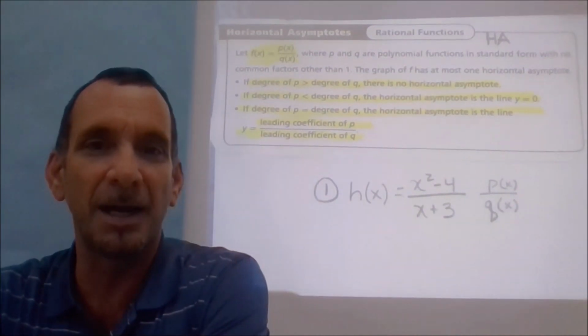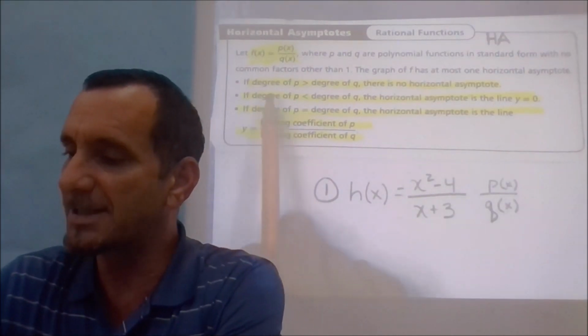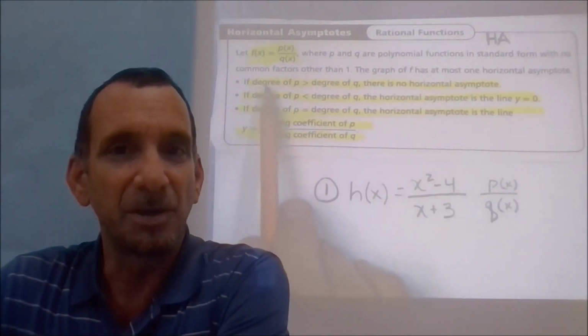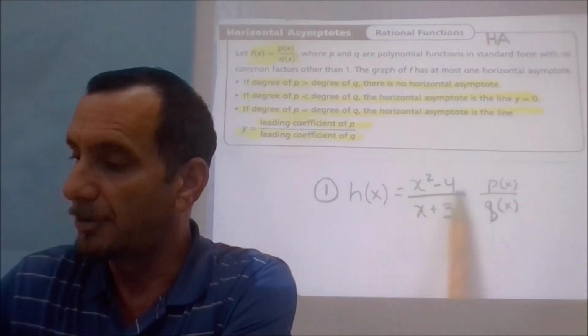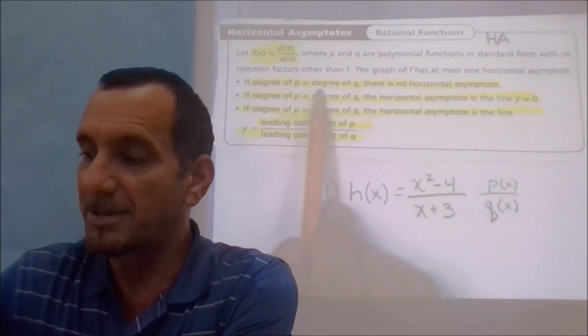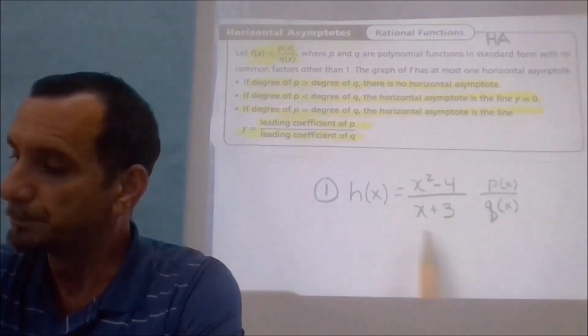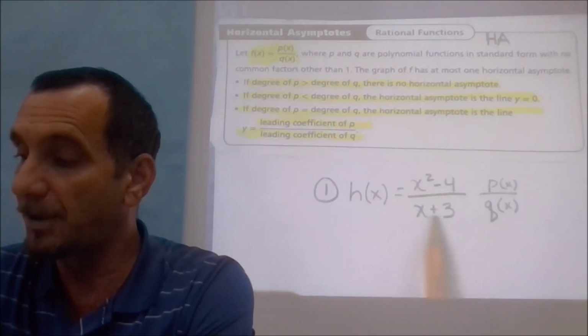Just keep that in mind as we read. In this situation, it says if the degree of p, the numerator, is greater than the degree of q. The degree of p is greater than the degree of q.